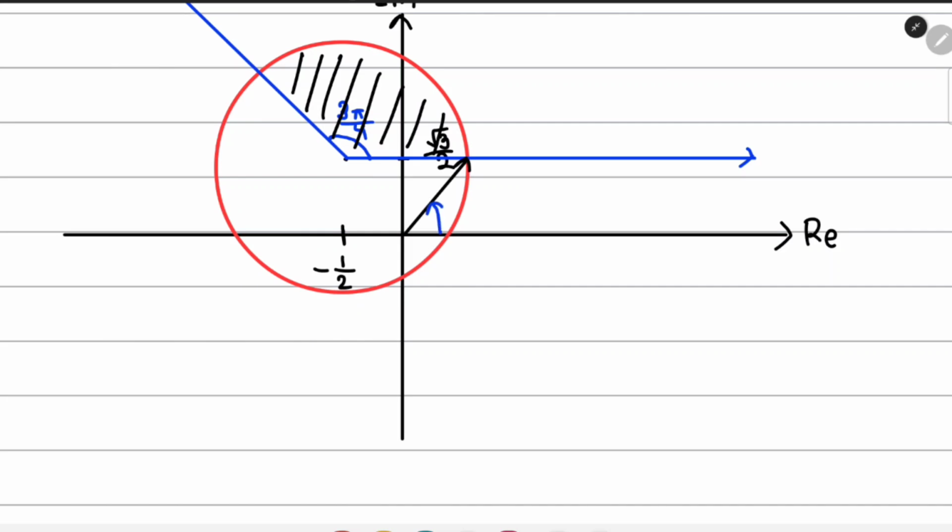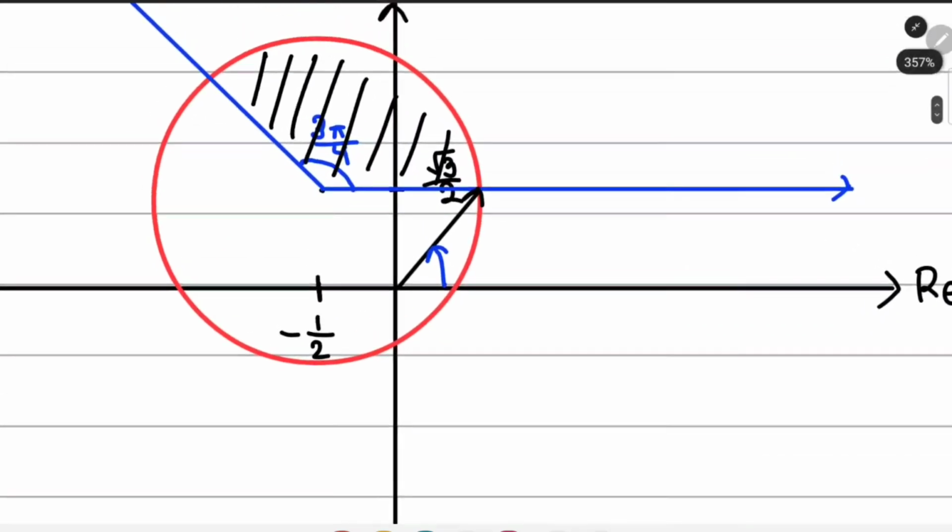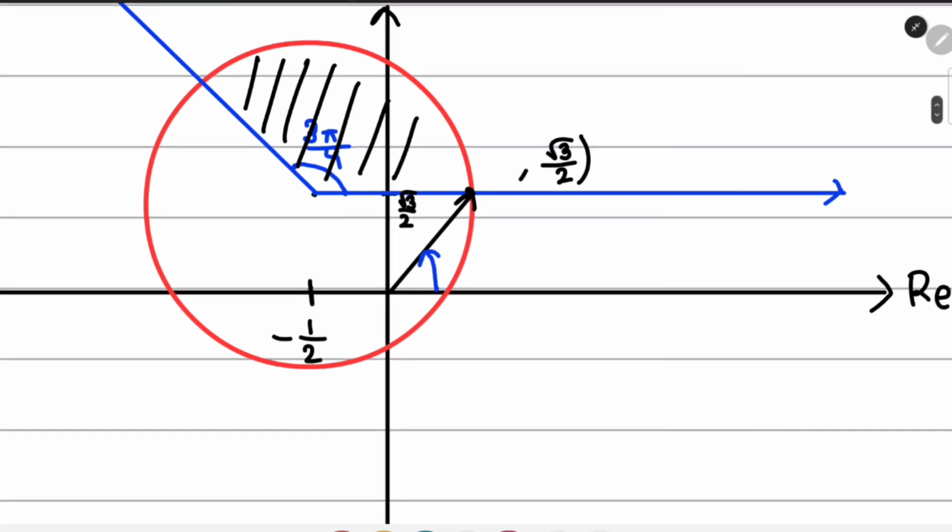So this angle would be the minimum, and I want to find which point this is. But as we notice, this point is at an imaginary value of root 3 by 2. We just need to find the real axis value, and we can do that easily as well.